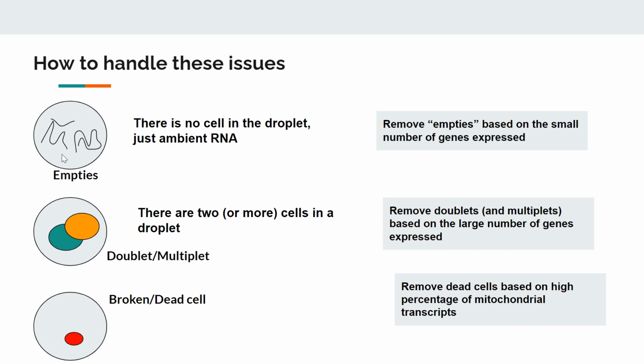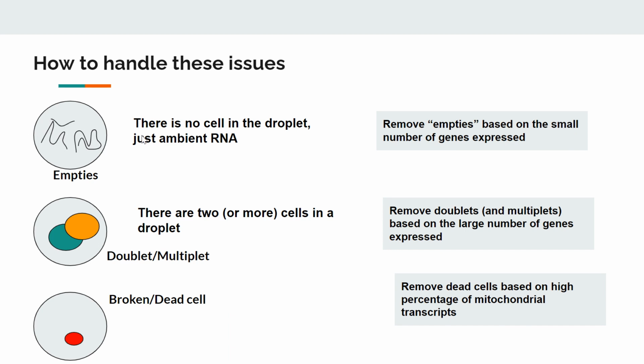Hypothetically, for a healthy cell to survive, say at least 5,000 genes would be required. But since no cell is there, if you count how many genes are expressed, let's say you got 100.